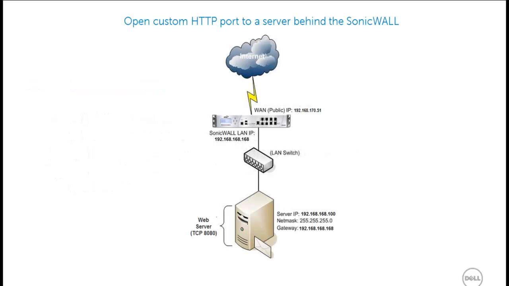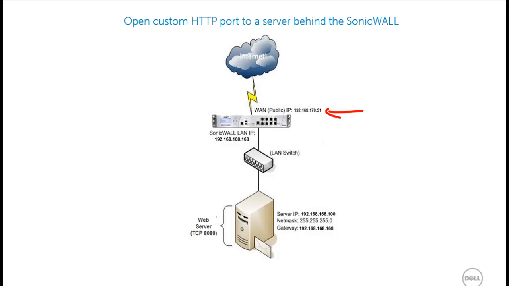For the purpose of this video, we use a network like this. In this network, a web server is located on the LAN zone of the SonicWALL with an IP address of 192.168.168.100. The server is listening on TCP port 8080.